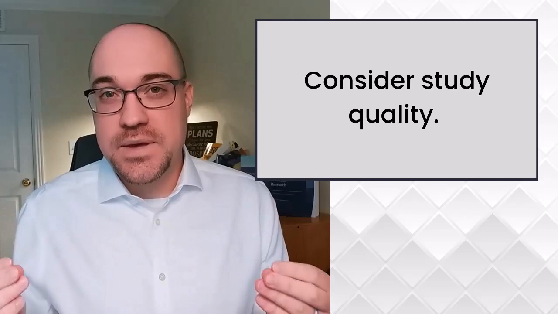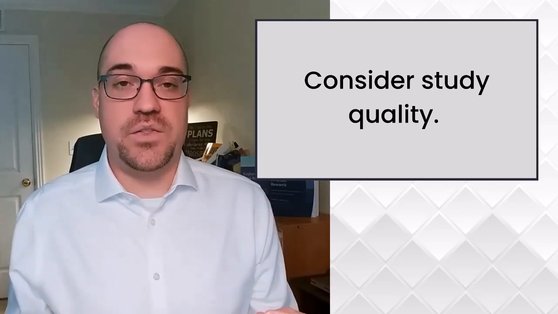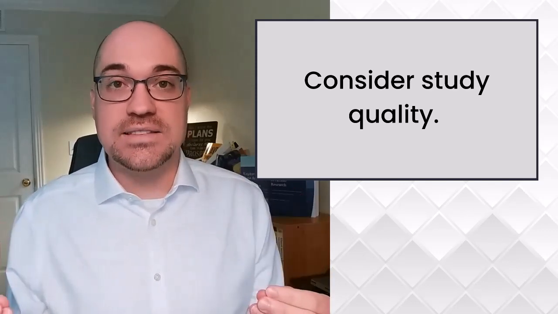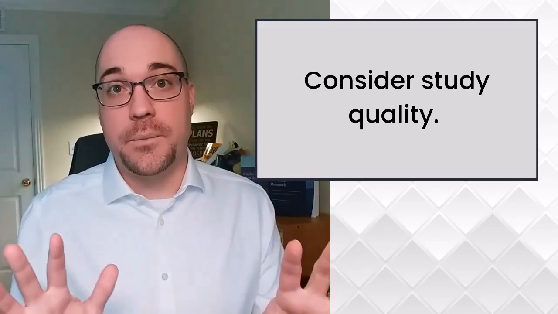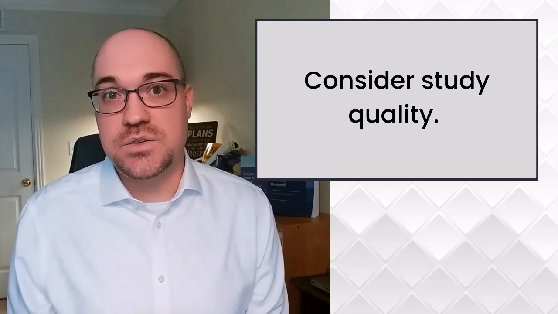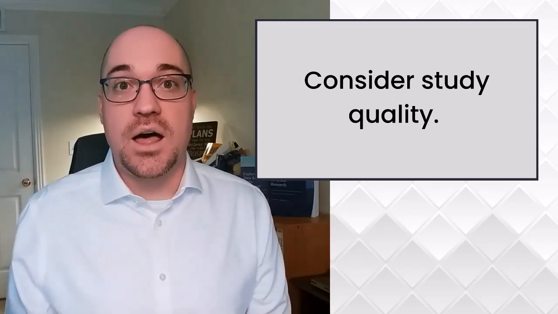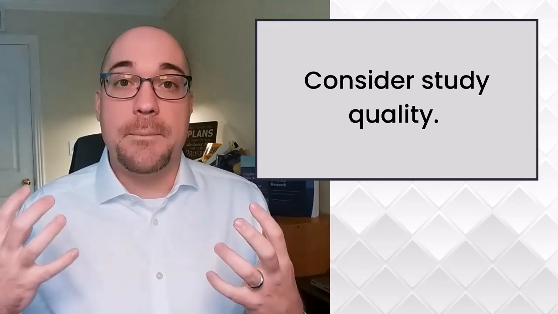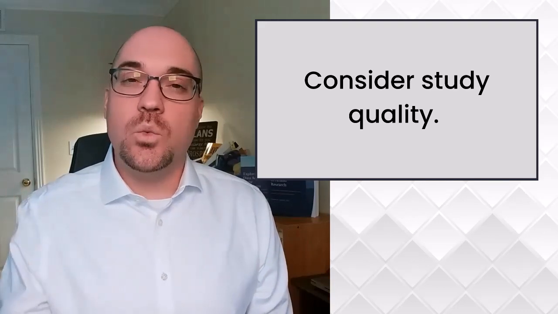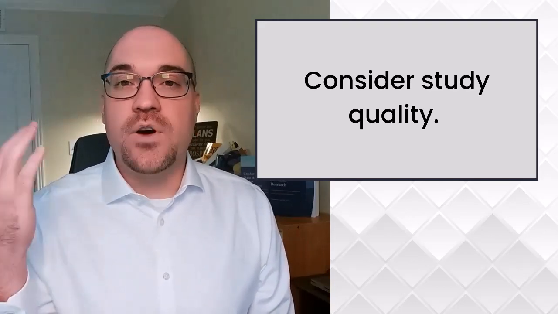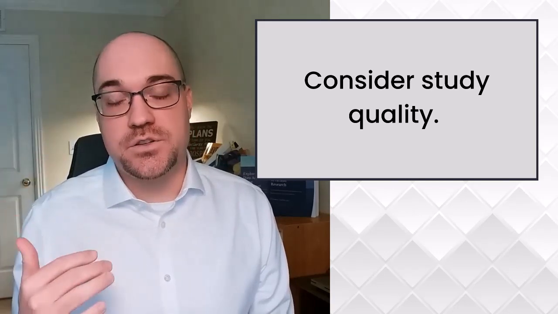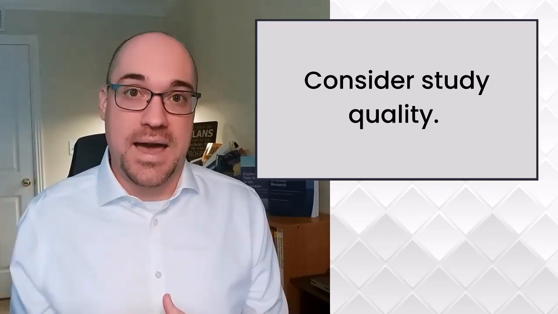So if you have two pieces of research that have very contradictory findings, and you need to weed out one or the other to help inform your decision-making process, a great way to do that is to weed out based on the rigor and the quality of the study. So really dive deep into those methodology sections of your papers and try to understand the steps that those researchers took in order to eliminate bias.